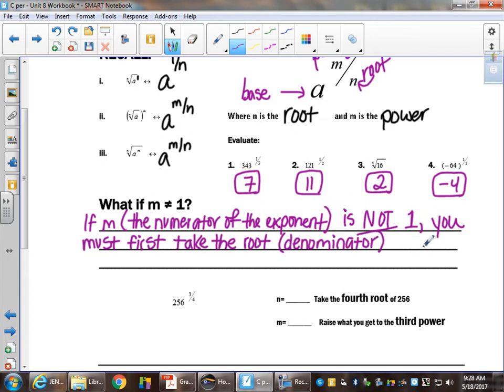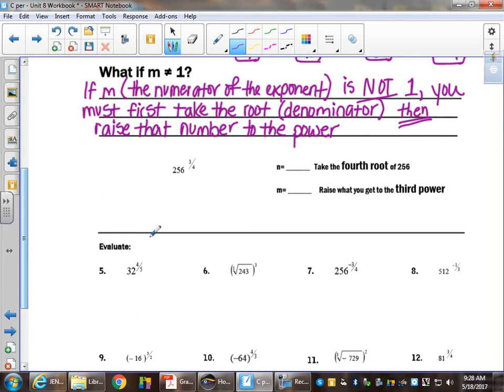You must first take the root, then raise that number to the power. So if m is not 1, we're going to take the root first, then deal with the power.